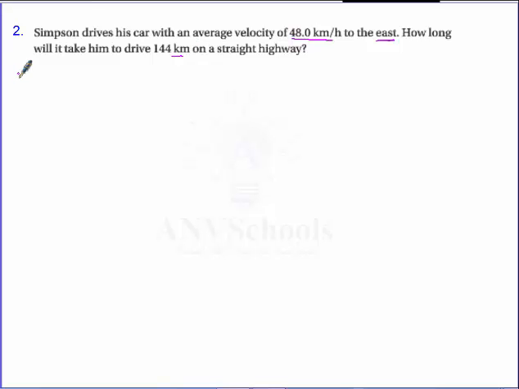Here, I have to pick out the given quantities. Simpson's average velocity is 48 km per hour, and the total displacement is 144 km. What is required is how long.